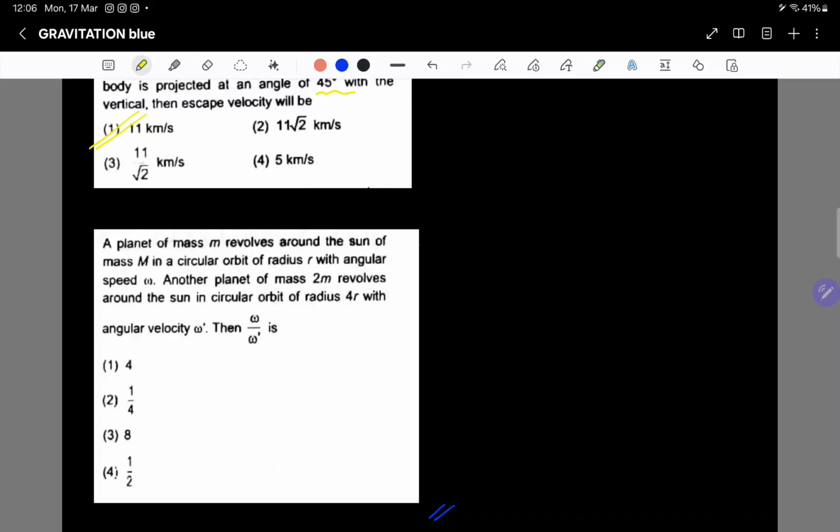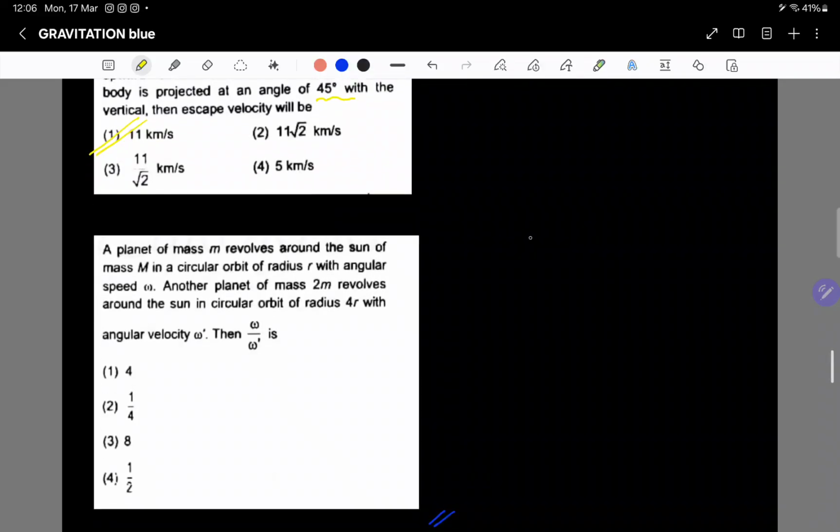So what is the angular velocity? T squared is directly proportional to r cubed. Now the angular velocity relation: omega is inversely proportional to time period. That means omega squared is inversely proportional to r cubed.